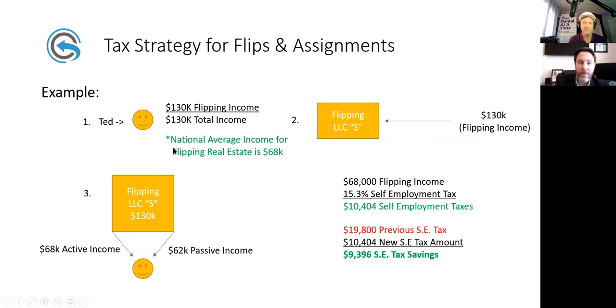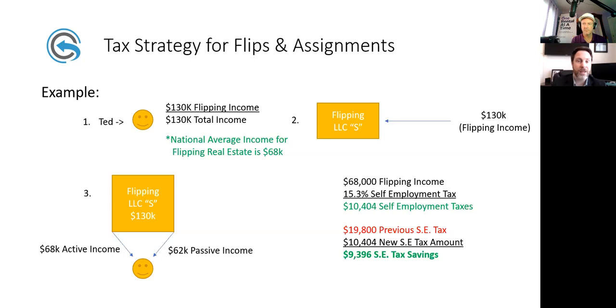And so I did some research, and basically the national average income for flipping property between 18 and 19 was about $68,000 worth of income. I personally looked up in the federal statutes, or in the government pages, what the total income was for a person who flips and gets assignments.